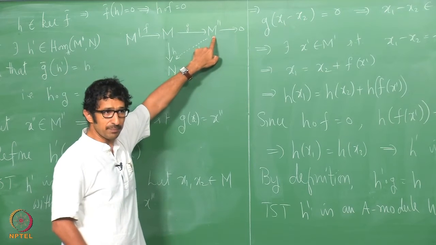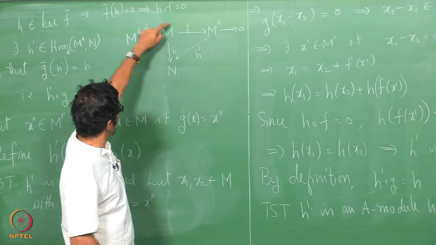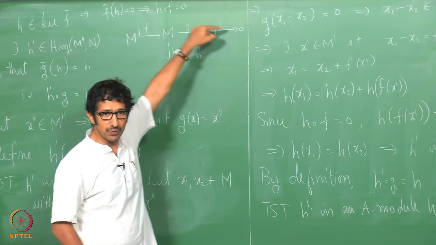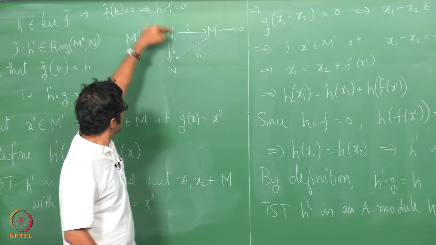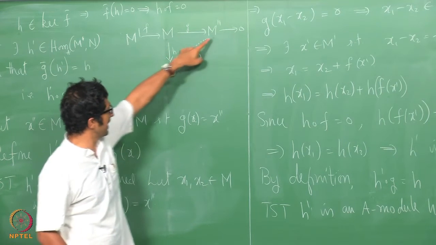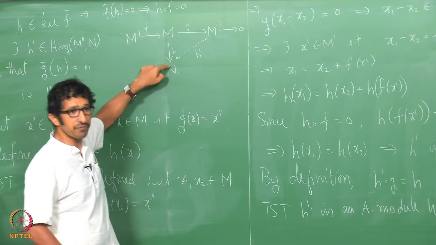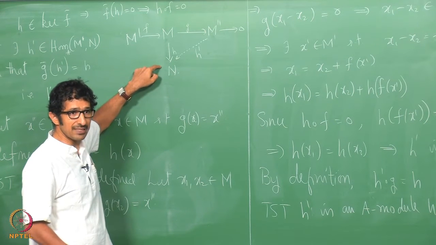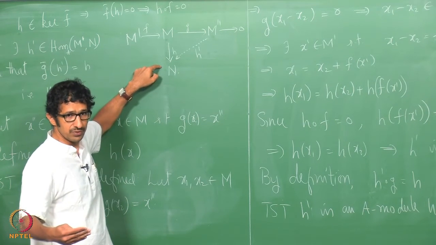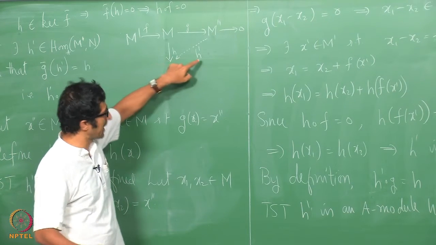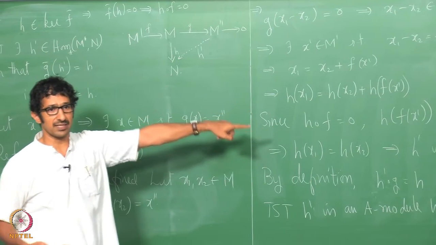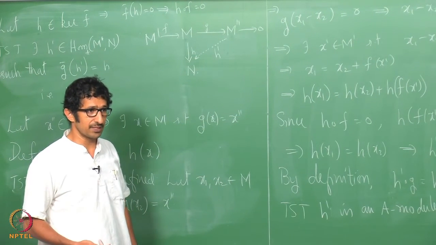But if I take x1 plus x2 here, for x1 I have a y1 here, for x2 I have y2 here, therefore y1 plus y2 goes to x1 plus x2. Therefore H prime of x1 plus x2 is the same as H of y1 plus y2, but H of y1 plus y2 is the same as H of y1 plus H of y2, but that is the same as H prime of x1 plus H prime of x2. Similarly, you can check the scalar multiplication property as well.